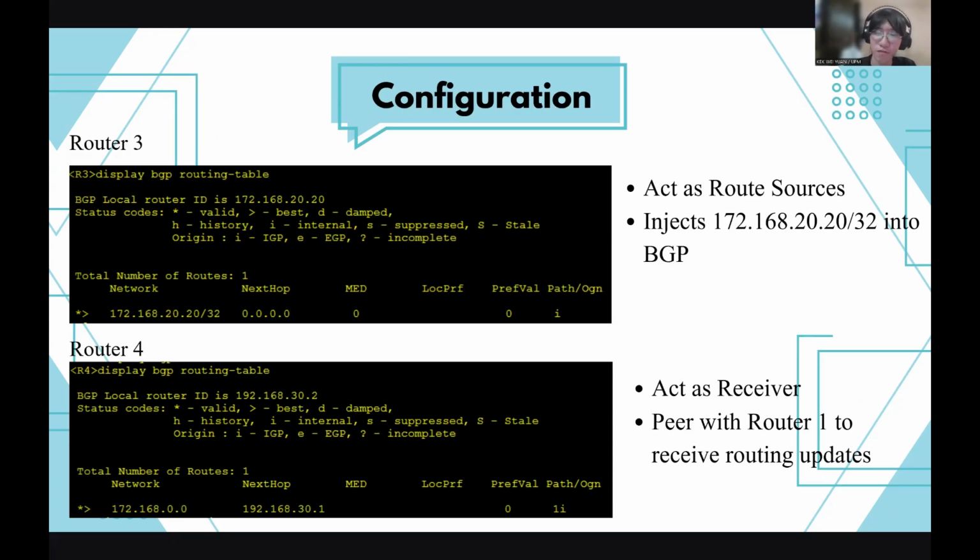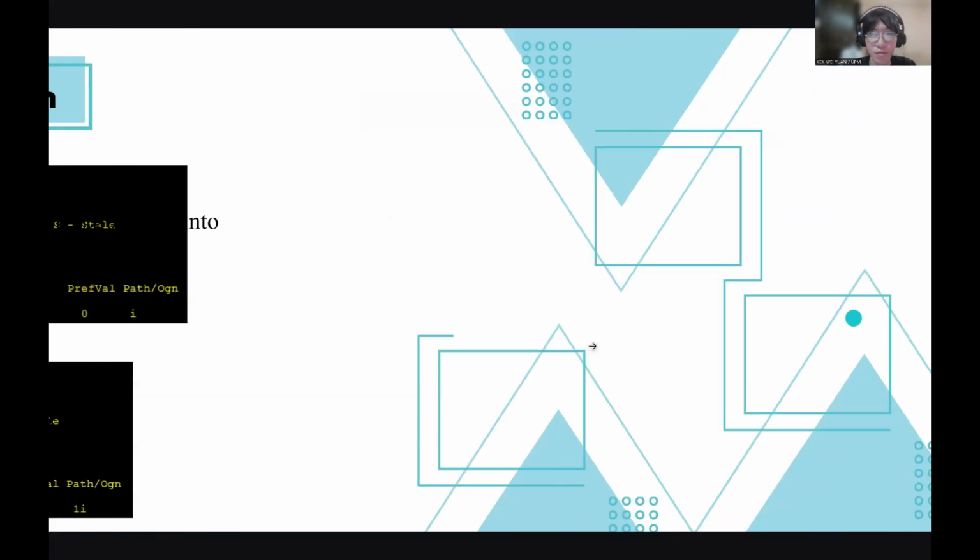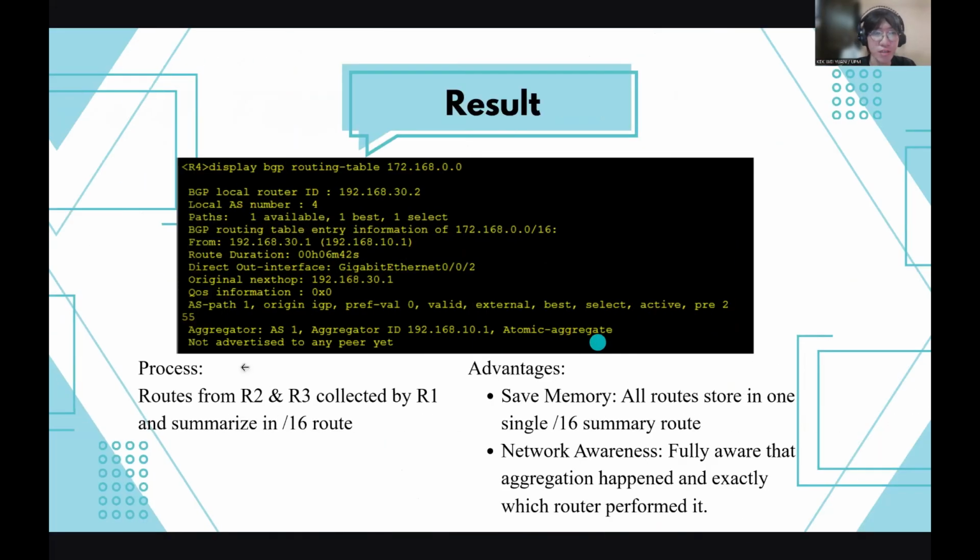And router 1 receives all the info from router 2 and 3. So next, this is a result which I ran on router 4 to see what it actually received from router 1.